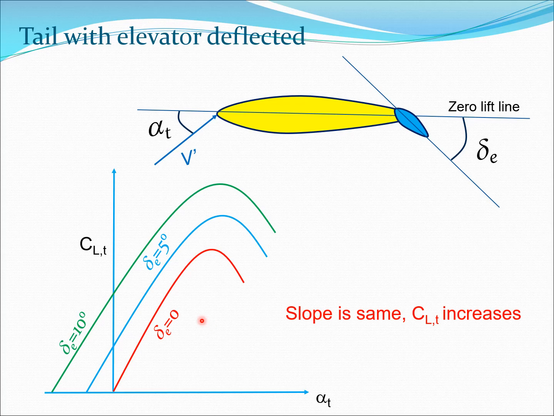So what would happen is that as the delta E value goes up, say from 0 to 5 degrees, from 5 degrees to 10 degree, new curves are obtained. So here I have the curve in red, the curve in blue, the curve in green corresponding to 0, 5 and 10 degree. So in these curves the slope is same, but the CLT value is obviously changing. So it is typically increasing as the delta value goes up.